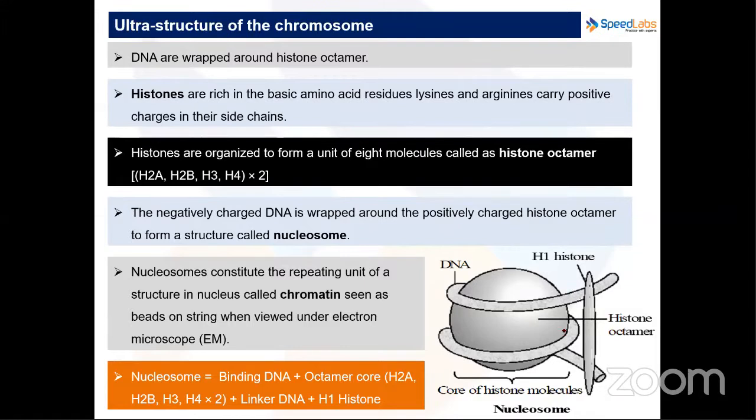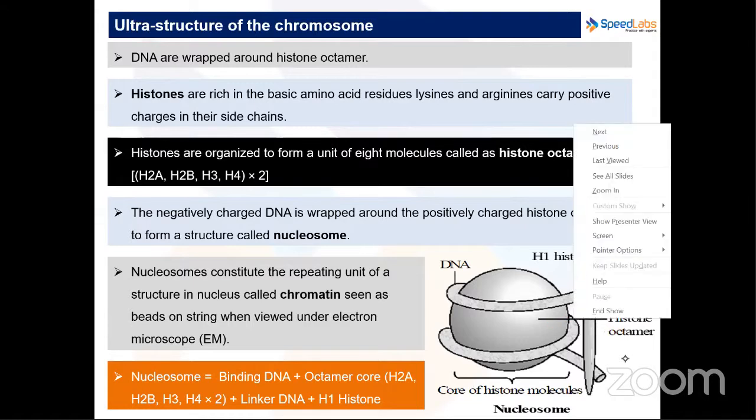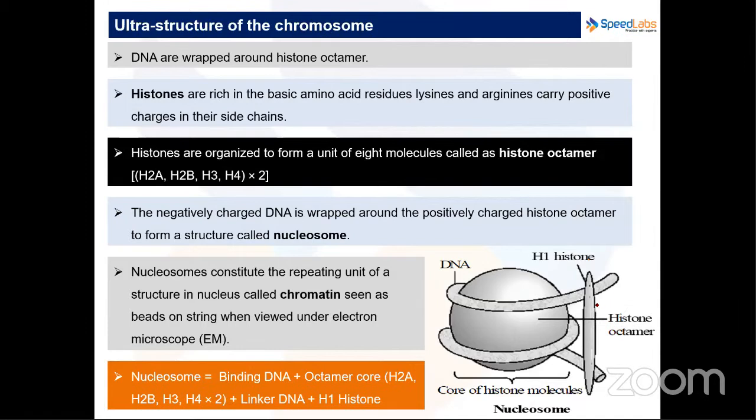Like wool coiled around a ball, the histone forms an octamer, a collection of 8 proteins, and on that the DNA is wound. They form the core.